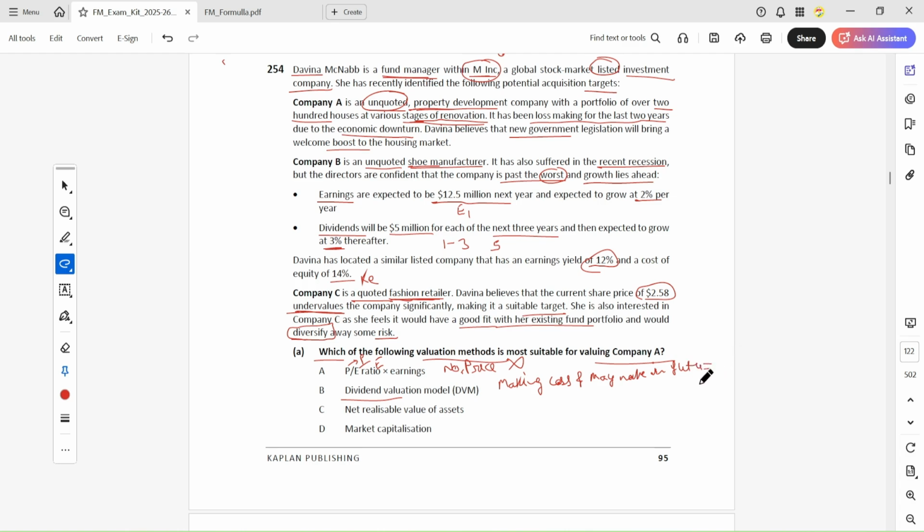So if it is loss making, no dividend will be given to shareholders. If no dividend is given to shareholders, the dividend valuation method cannot be used.